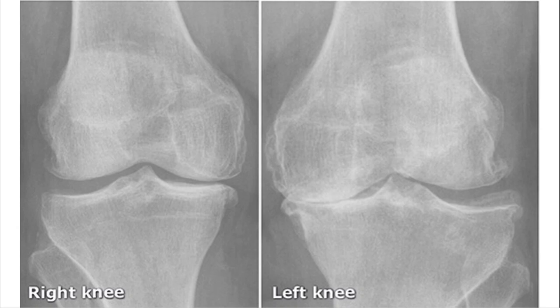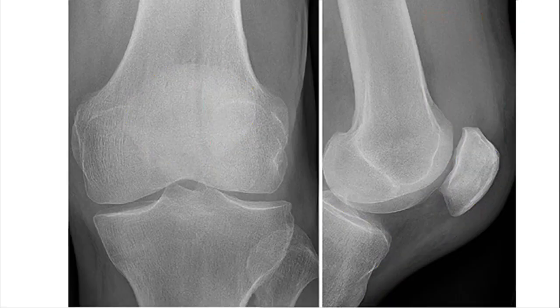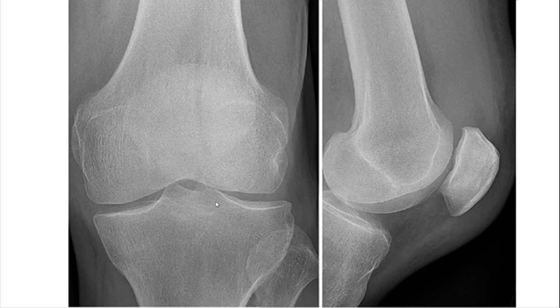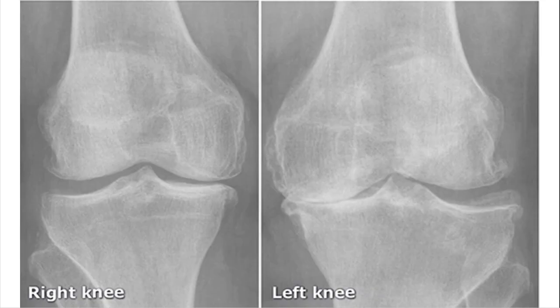what is this? Now compared to our earlier AP views, look at the joint space. See how wide it is. Whereas look at the joint space in these ones, decreased, almost obliterated.